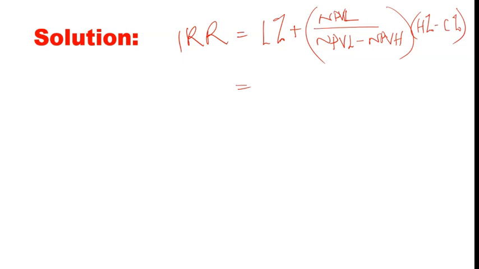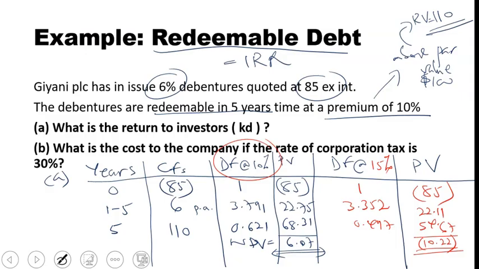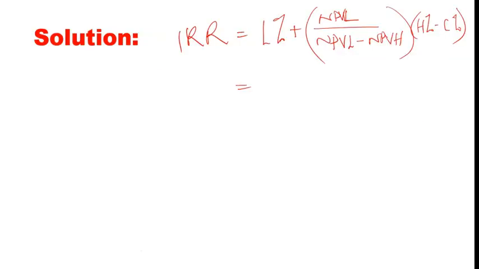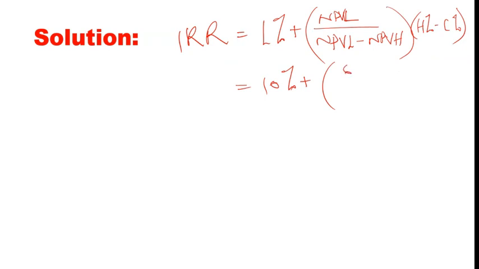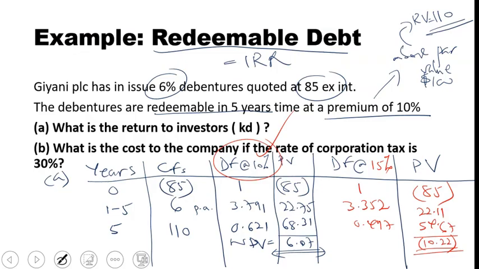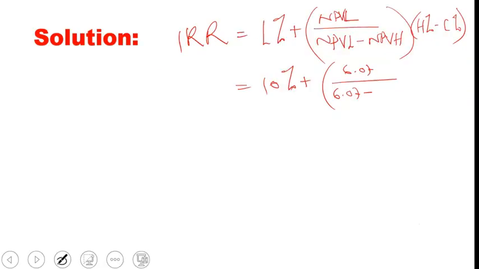The lower percentage was 10%, so the IRR should be somewhere there. 10% plus the NPV of the lower percentage, 6.07, over 6.07 minus the NPV of the higher percentage, which was minus 10.22.